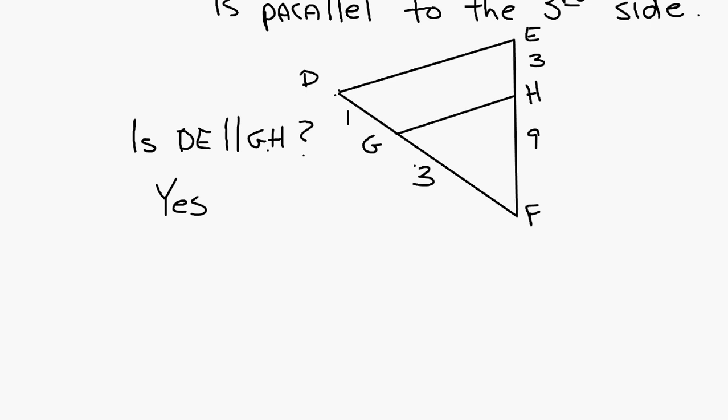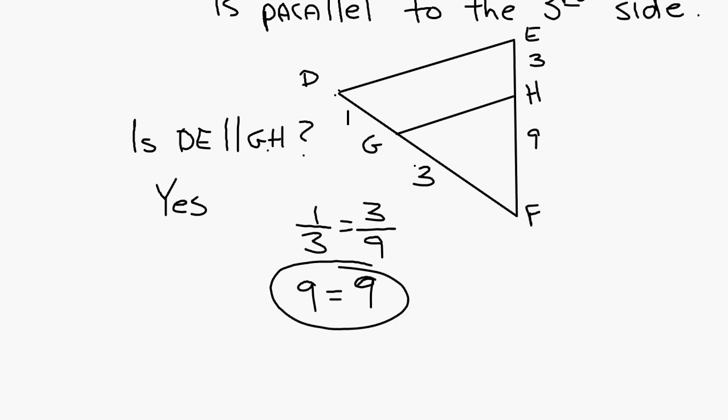Is 1 over 3 equal to 3 over 9? 1 times 9 is 9. 3 times 3 is 9. And 9 equals 9. So crisscross products are equal to each other. So it's proportional, so yes, they're parallel.